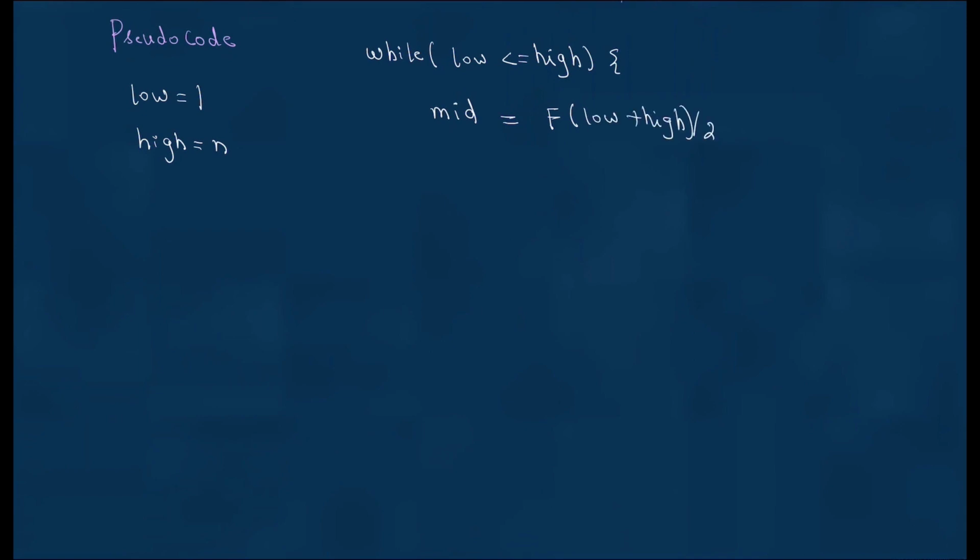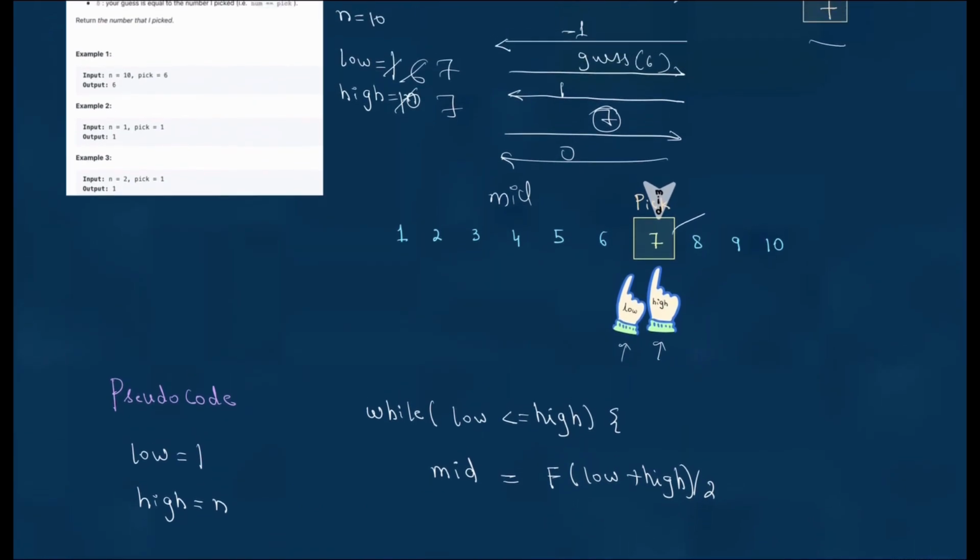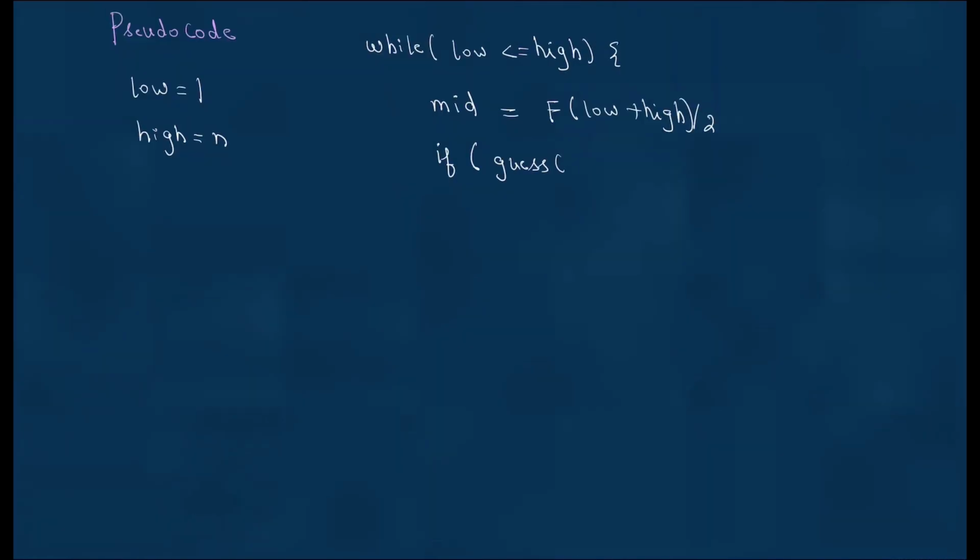I take a low pointer pointing to 1 and high equal to n. Until when do I need to update my pointers? When low is less than or equal to high, I can keep finding the mid and updating my pointers. Once low and high cross each other, I stop. So mid is equal to the floor value of low plus high by 2. Now calling the API, we get back one of the 3 responses. If guess of mid is equal to 1, we update our low pointer to the element next to mid.